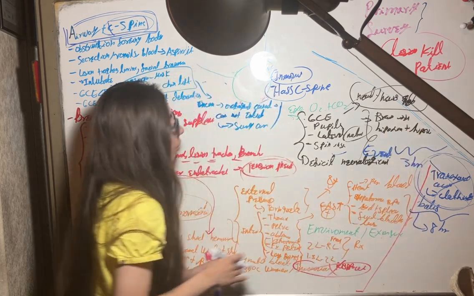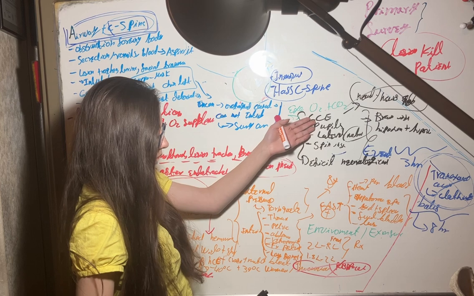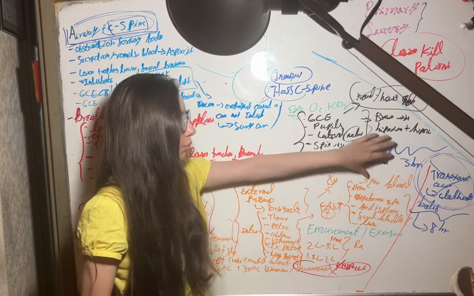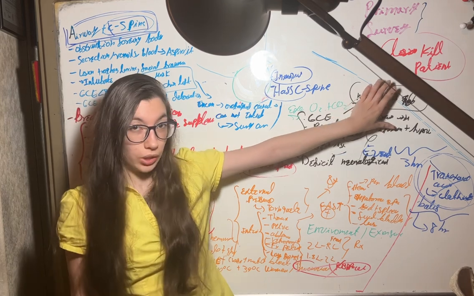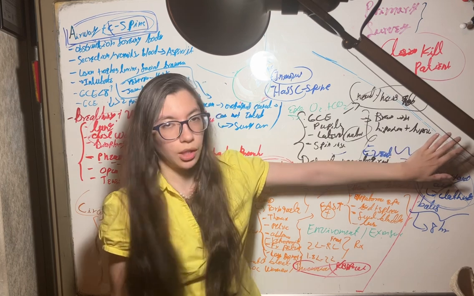So not always, if the patient has a Glasgow Coma Scale less than 15, would it be just because of the trauma to the brain. It could also be just because of hypoxia and hypovolemia.